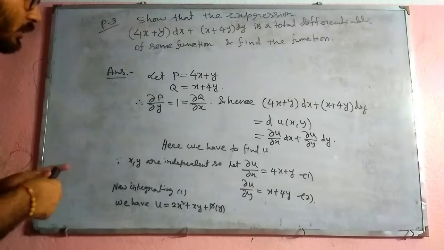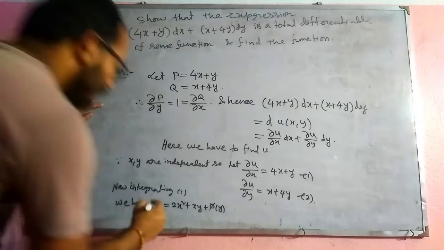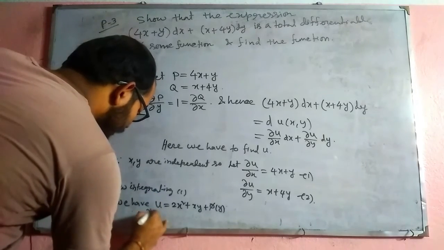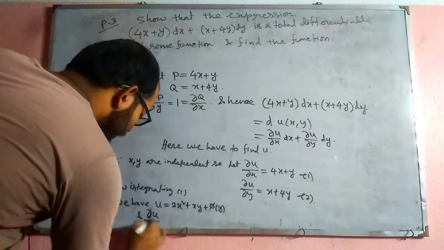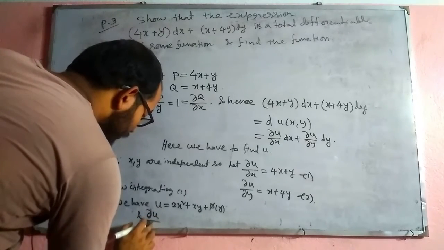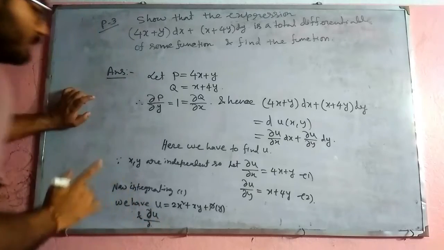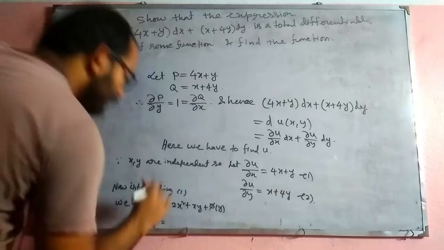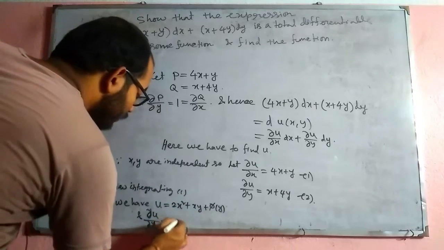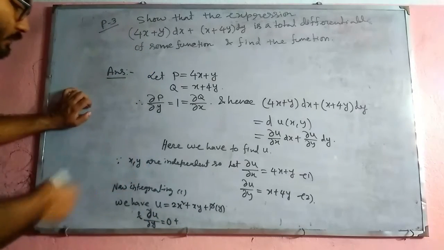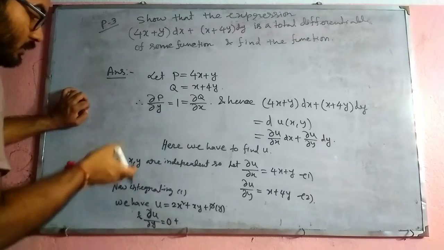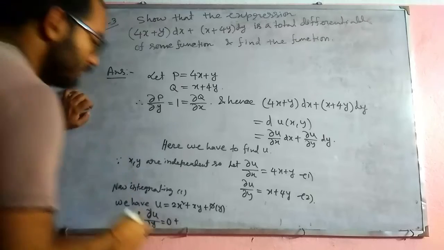Now if we partially differentiate u with respect to y, then this will be 0, since partial differentiation of 2x square with respect to y is 0.